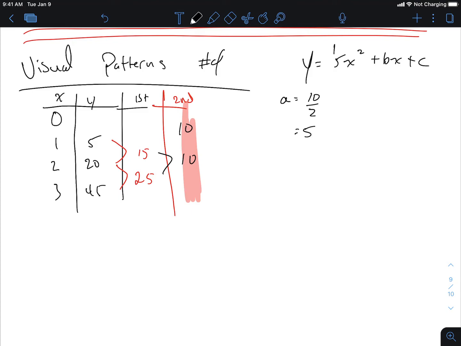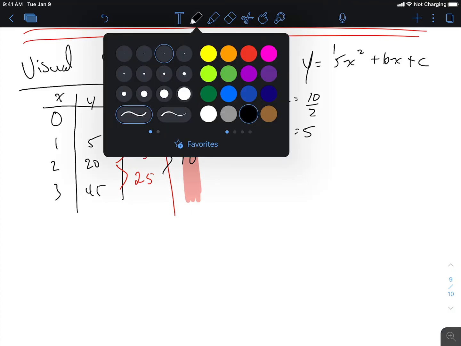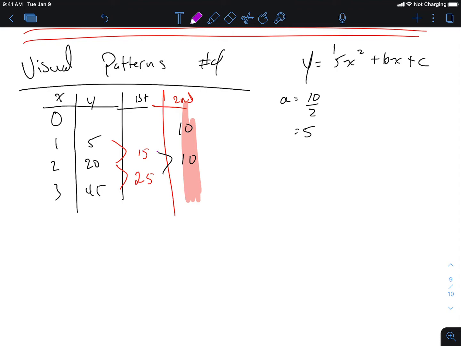What that must mean is that the difference between 15 and this next number should be 10. So I'm basically going to go 15 minus 10 to get to here, which is 5. Okay. We're almost there.